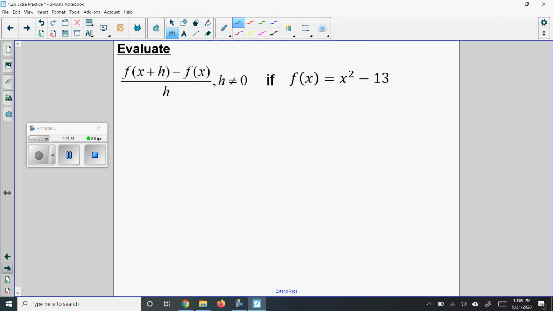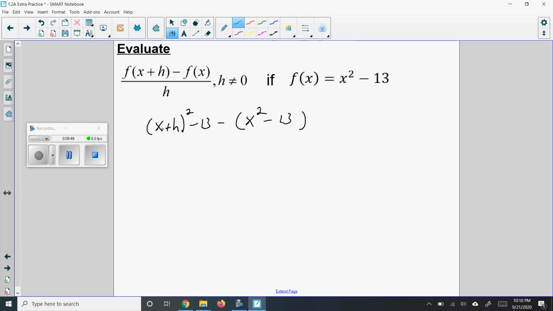All right, so now let's evaluate the difference quotient. So first we want to evaluate f of x plus h. So we're going to replace all the x's with x plus h. So we have x plus h squared minus 13 minus, and then we're going to subtract this whole thing right here. So x squared minus 13.